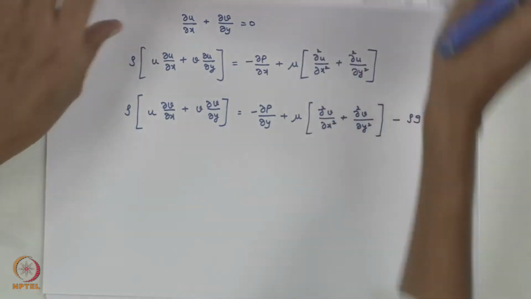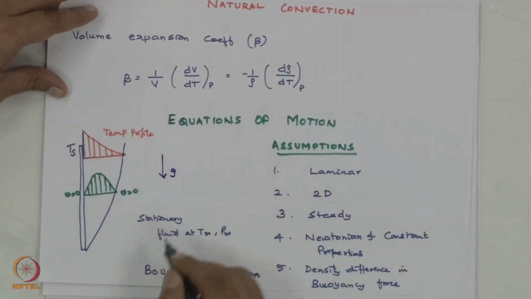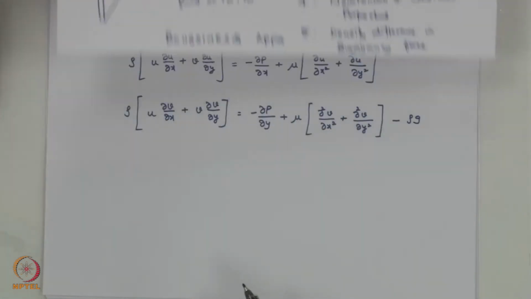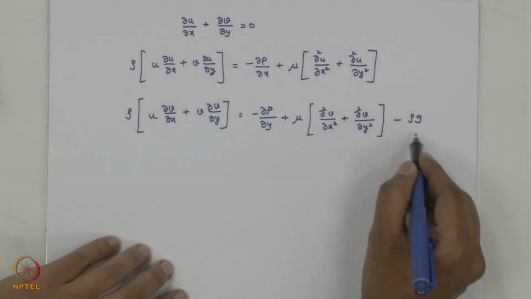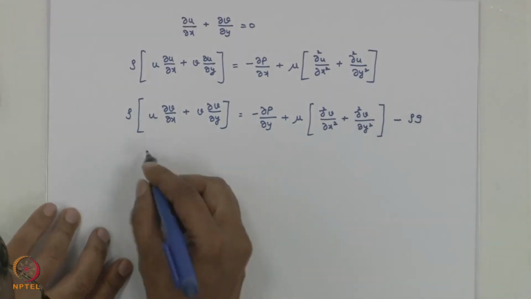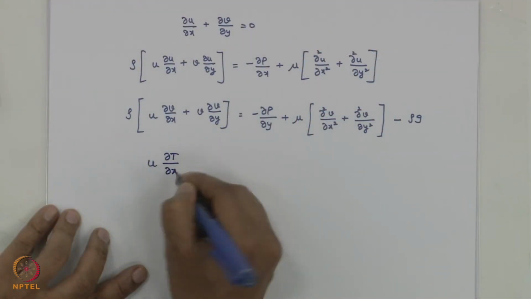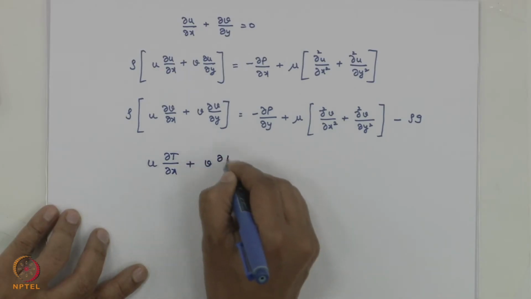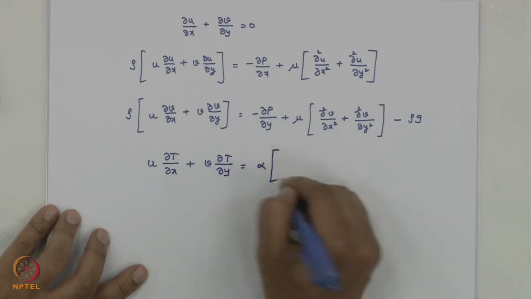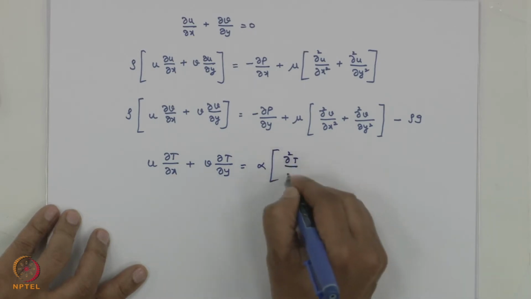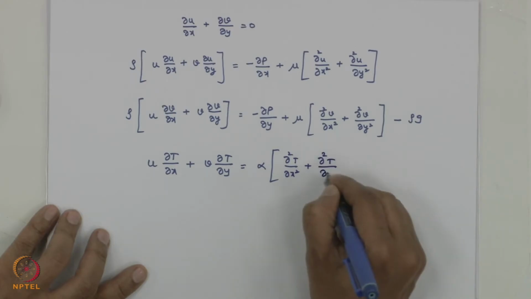Because if you recollect, this is my vertical plate, my g is downwards. So the force is downwards, in the negative y direction, so it is minus rho g. And the energy equation is u del T by del x plus v del T by del y equal to alpha times del squared T by del x squared plus del squared T by del y squared.